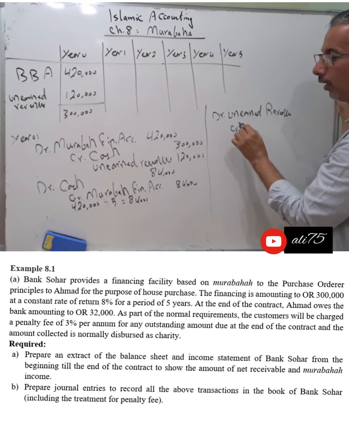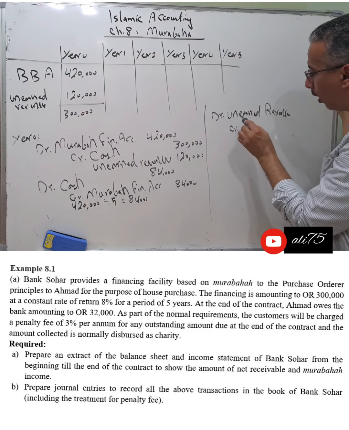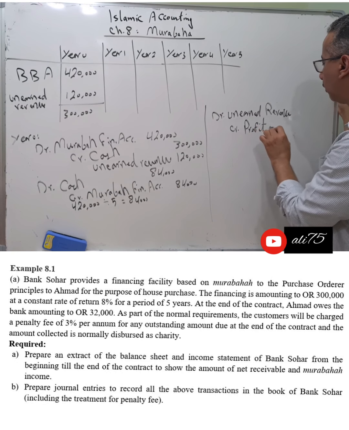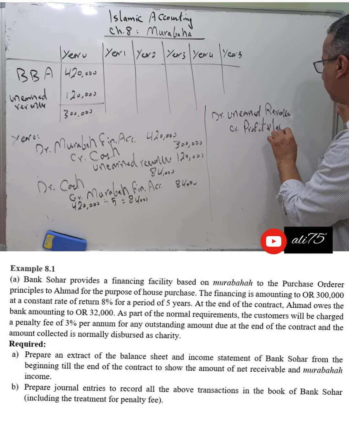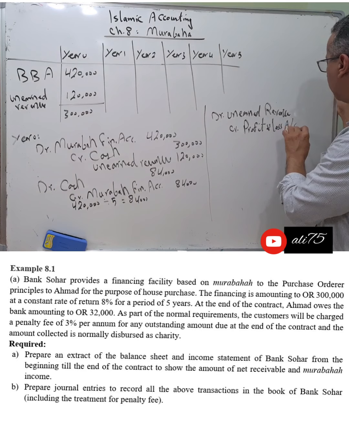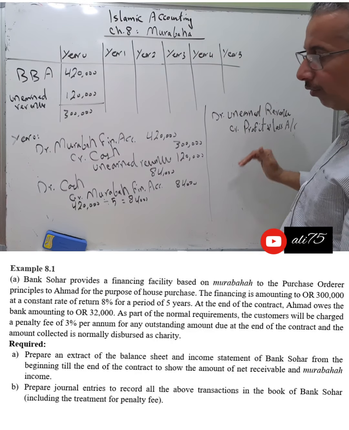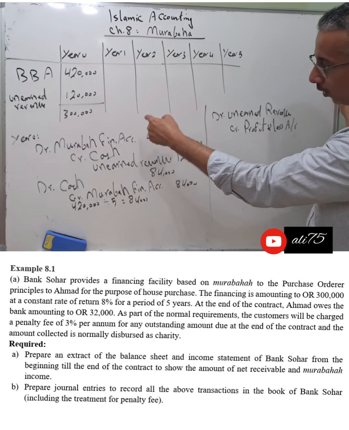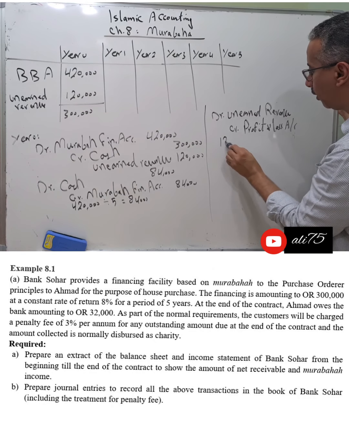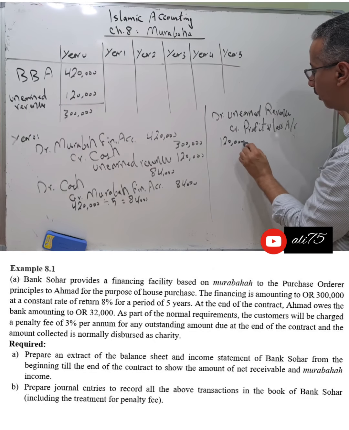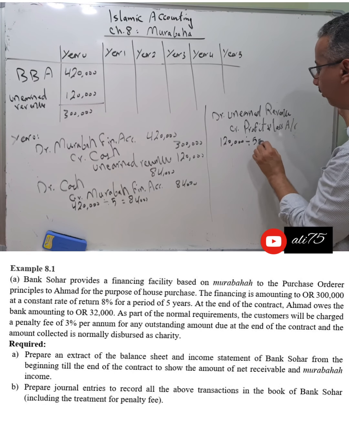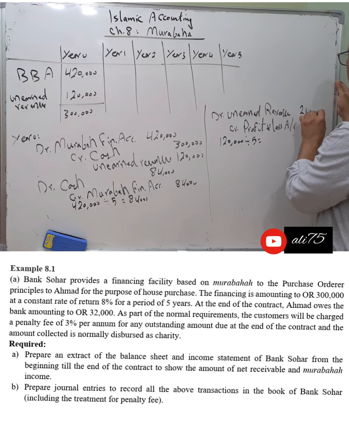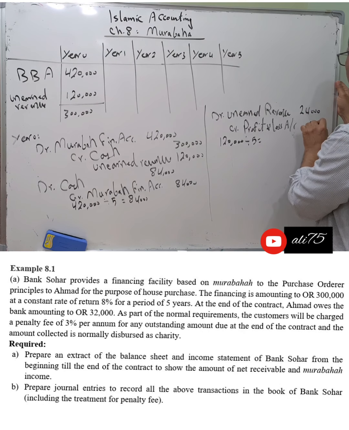Then credit earned revenue, or we could put the profit and loss account, or we could use Murabaha revenue, for example. How much? 120,000 as well, divided by 5 years or 5 installments, it will be 24,000.